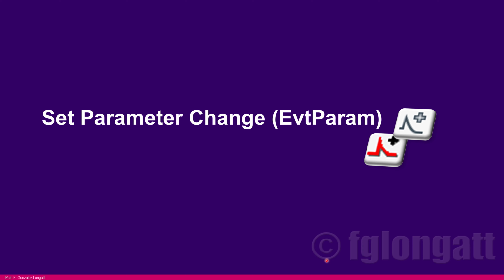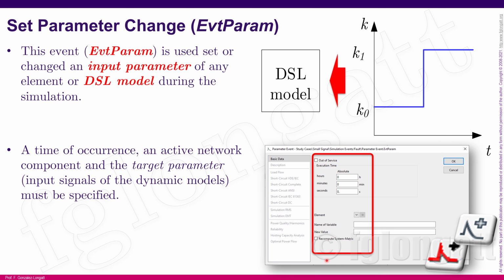There are other events. For instance, there is the event called set parameter change. I receive many emails about this because people try to change the inertia or the resistance of a transmission line, or the active power of one specific load, and they email me saying it's not working.